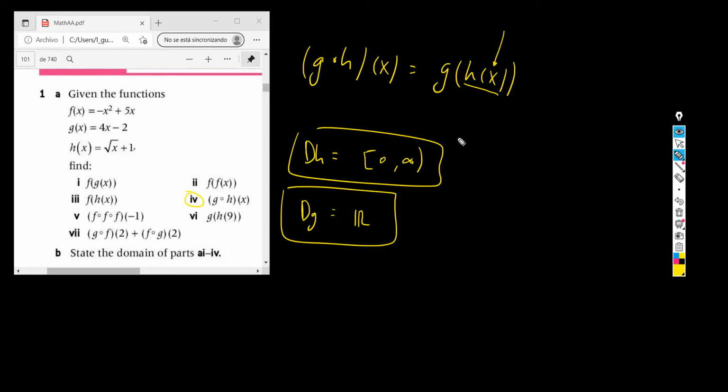And that's gonna be the domain of g composed with h. It's gonna be this one, because g has no restrictions. You can give any value to g. But h does have restrictions. So basically, the domain of g composed with h is going to be this one, which is much more restricted. All right.